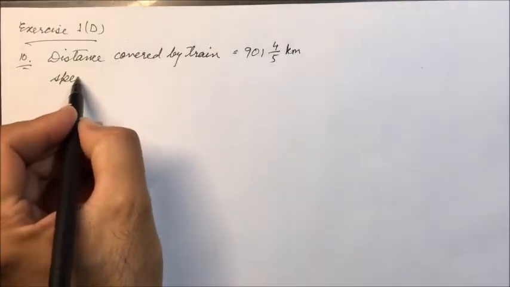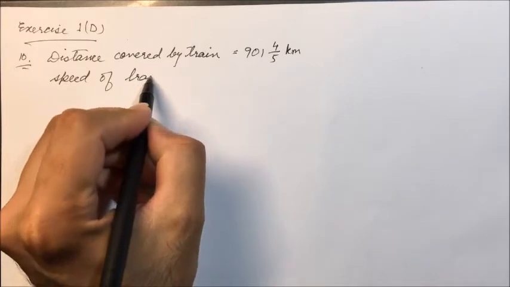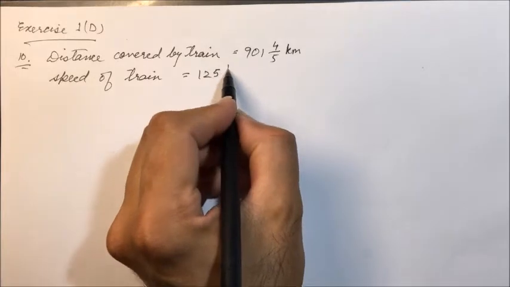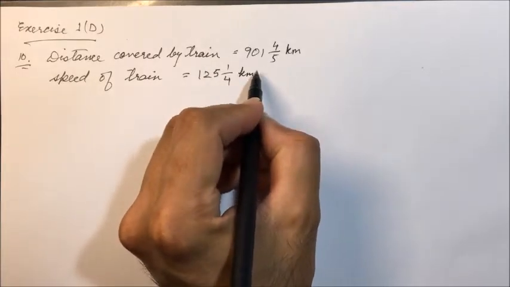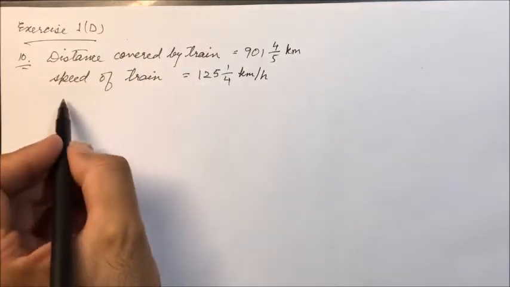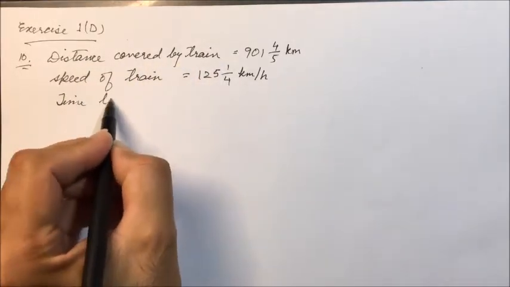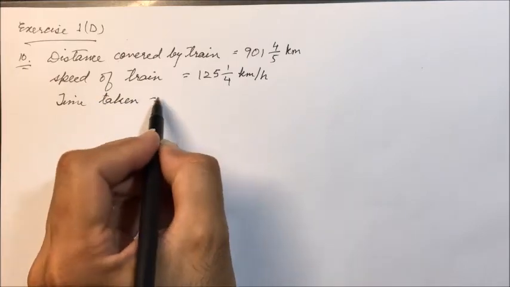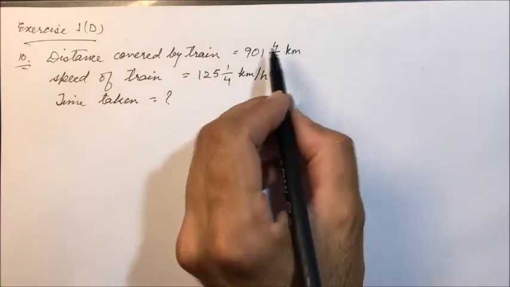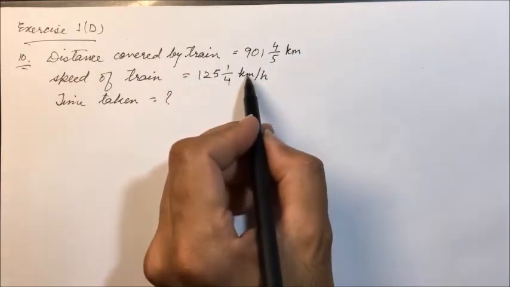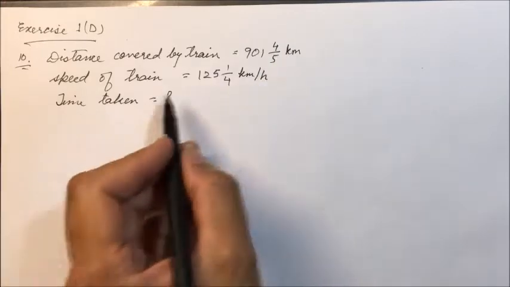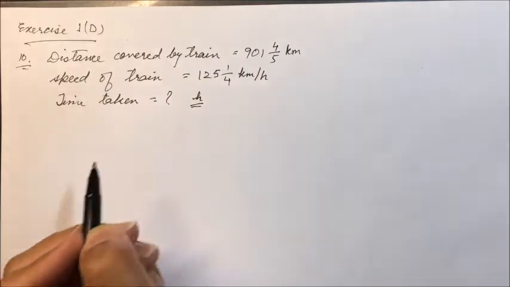And the speed of train equal to 125 1/4 kilometer per hour. So distance is provided, speed is provided, and time taken we have to calculate. Now see here, distance is in kilometer, speed is kilometer per hour. So time we will get in hour.